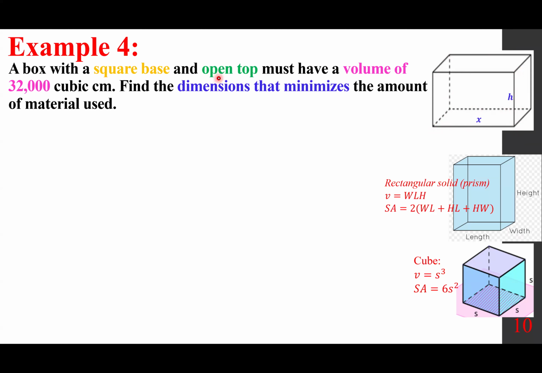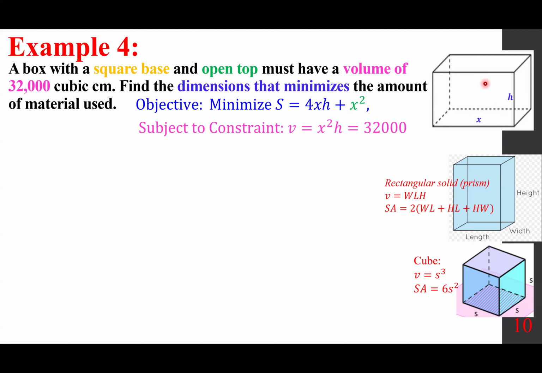But it says it's open top. So we have the 4 walls, 4xh, and because it's open top, plus x squared, not 2x squared. So open top means 1x squared, not 2x squared. And the volume must be 32,000. The volume is x squared times h. So the volume is x squared h equals 32,000.